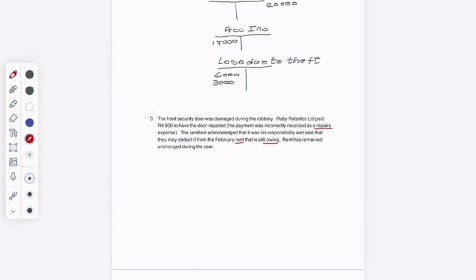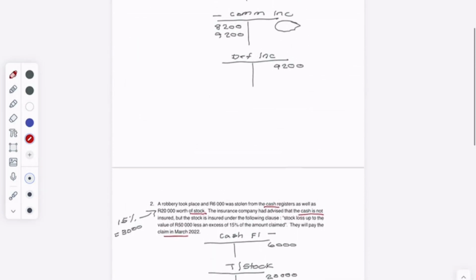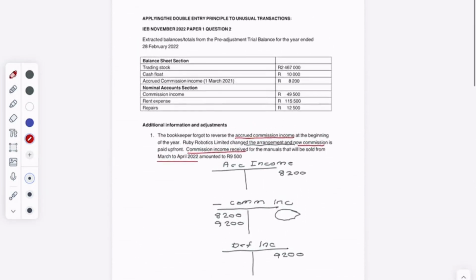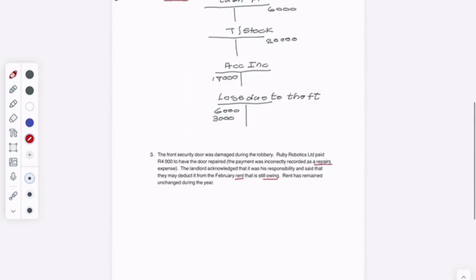Let's now go back and have a look. They said the rent was unchanged. So our rent expense here of 115,500 Rand, that is for 11 months only, divided by 11. So that means our rent is 10,500 Rand a month.